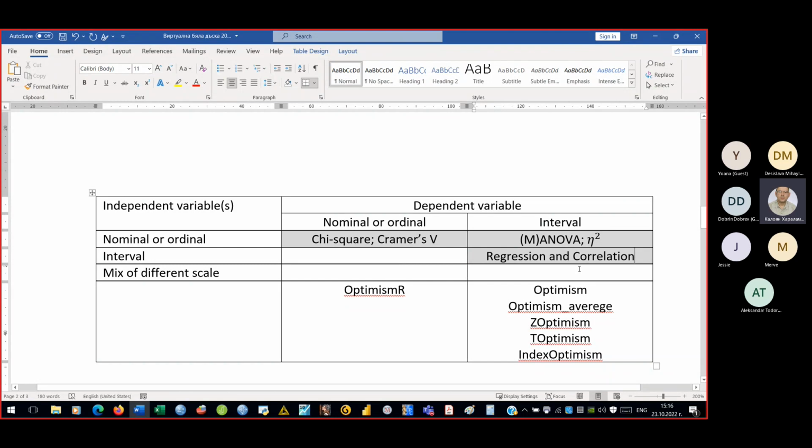So if there is a method which could be used for all types, for all scales, for nominal independent variables, for ordinal independent variables, and for interval independent variables, and if this method could be used for nominal, ordinal dependent and for interval dependent, this method could be placed in all cells of our table.